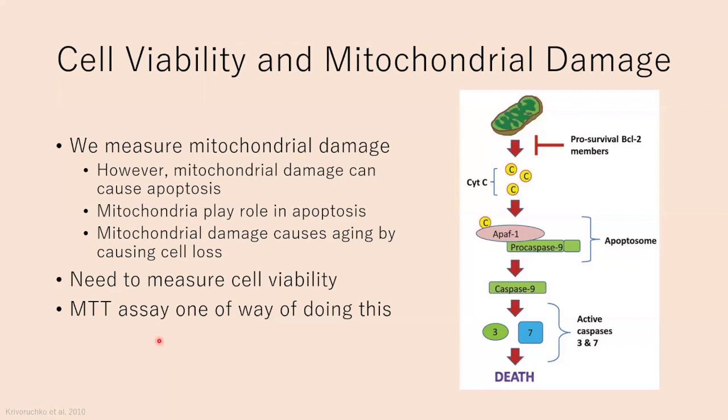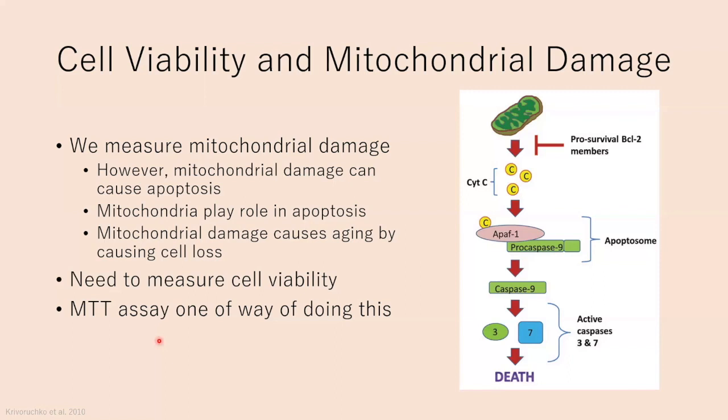So I'll give you one example of this. There was a 2005 paper by Kujoth et al. that used a mutant mitochondrial DNA polymerase gamma mouse model to determine the relationship between aging and mitochondrial damage.